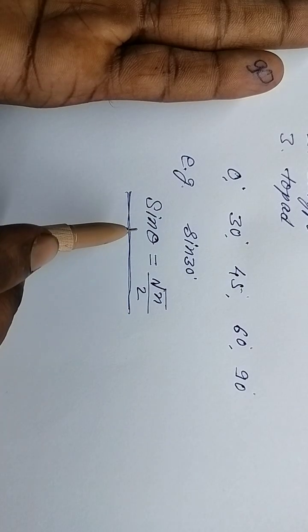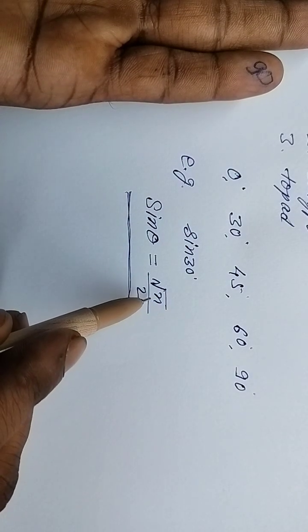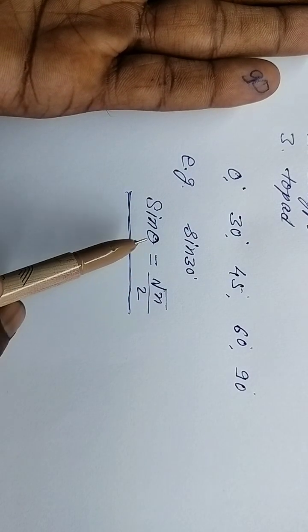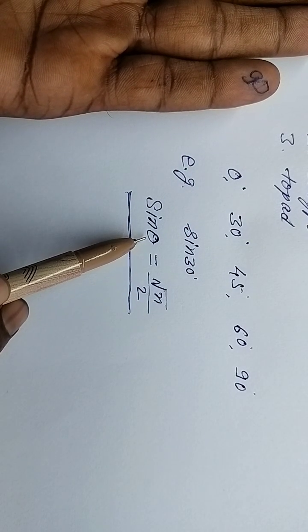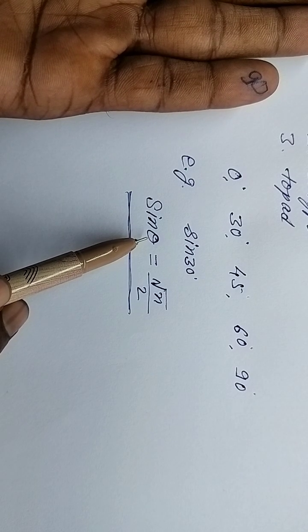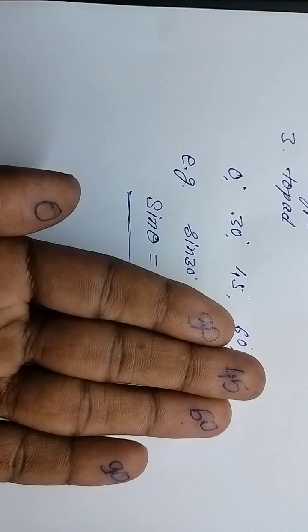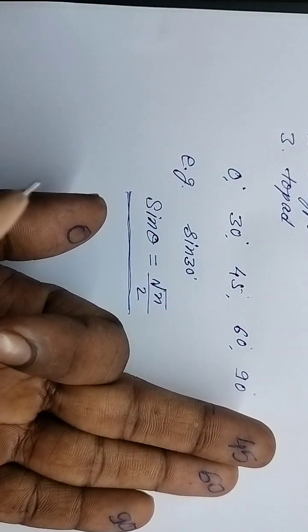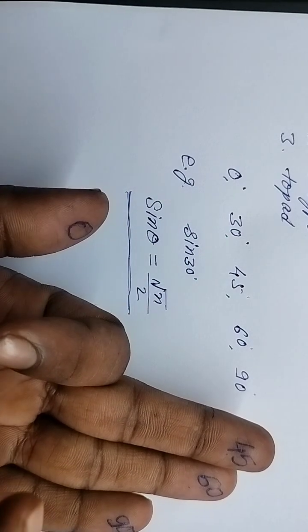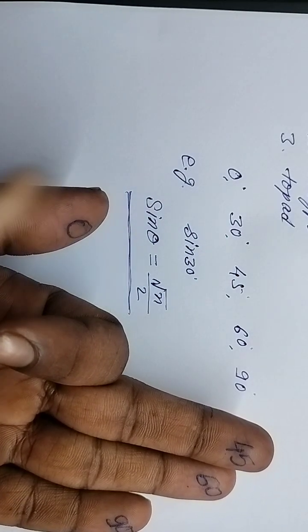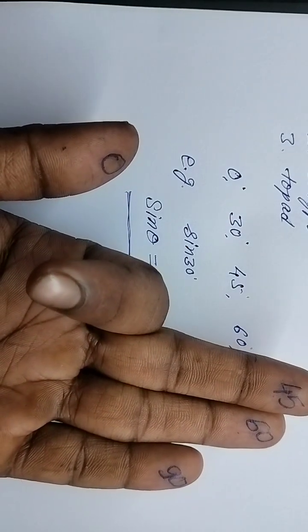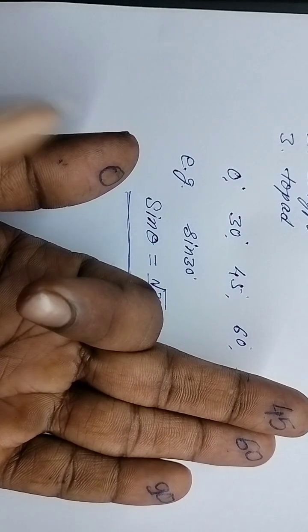Sin theta is equal to root n upon 2. When we use the value of theta as 30 degree, then just bend this finger and count the remaining fingers on this side, or thumb. There is 1. That means the value of n will be 1 for sin theta.